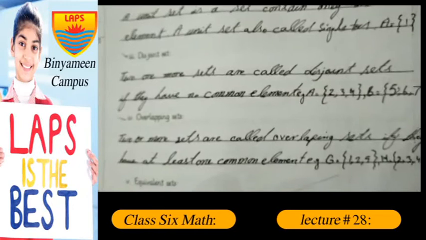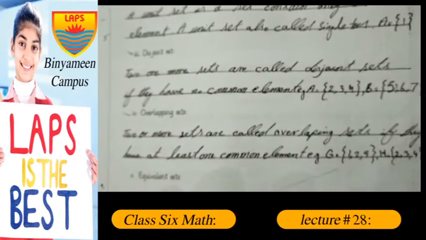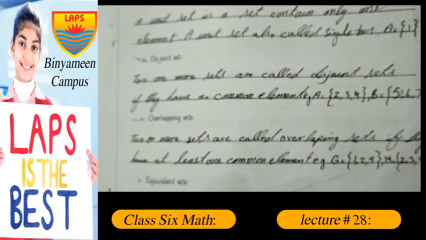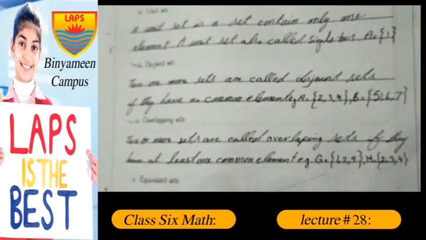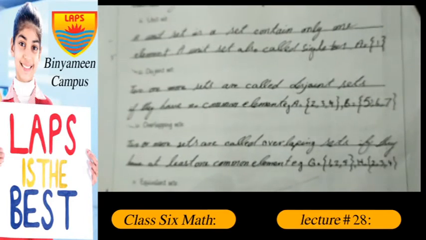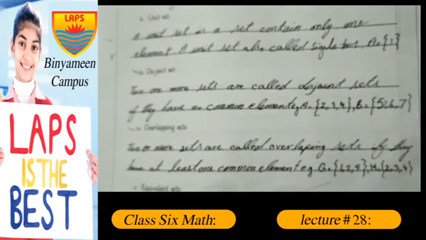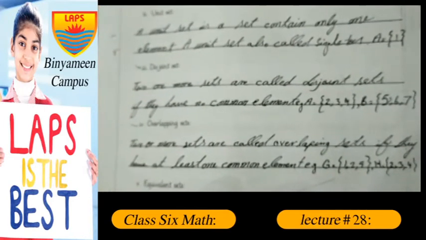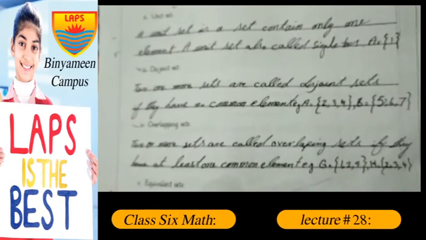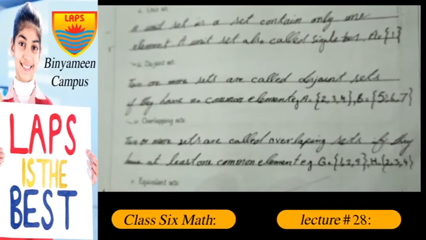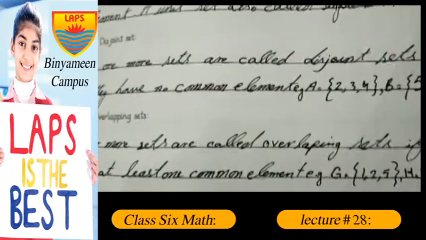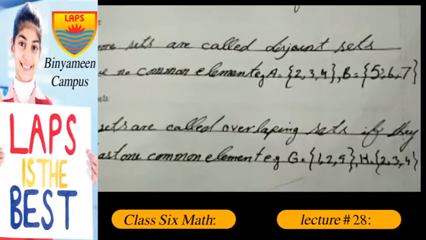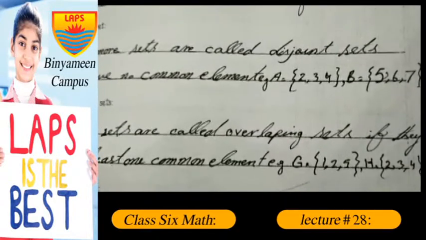For example, a set G {1, 2, 5} and a set H {2, 3, 4}. These sets have at least one common element, therefore these sets are called overlapping sets. And the common element is 2.